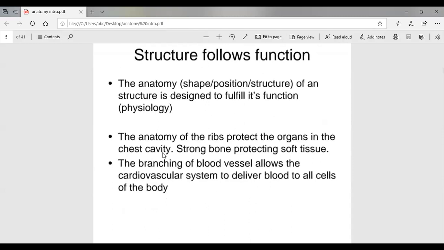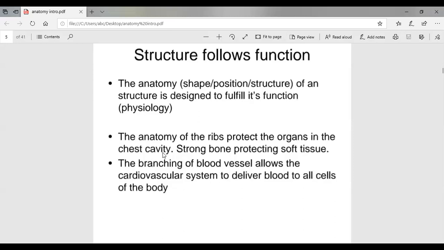Okay. The first line says anatomy, and the structure of an organ is designed to fulfill its function. So if we talk about bone as an organ, the structure of a bone is very hard, right? We see in X-rays, and we know that we have many bones.